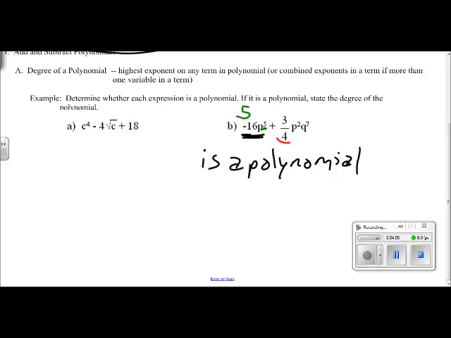When we look at our second term, the variables have exponents of p to the 2 and q to the 7th. So 2 plus 7 gives us a degree of 9 for this term. The degree of the whole polynomial would just be the higher of these two, which is 9. 9 is higher than 5, so we'd say it is a polynomial, and it's of degree 9.